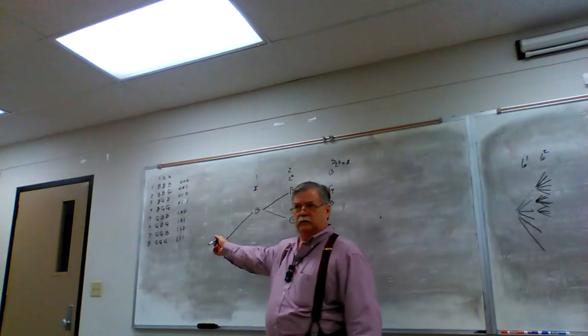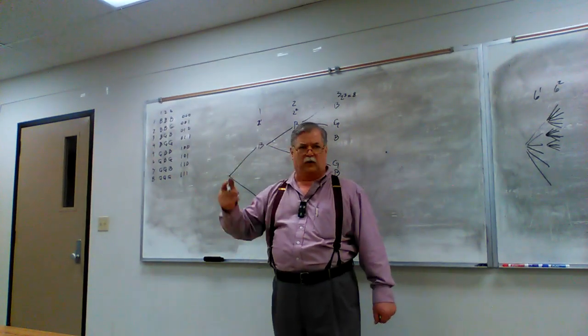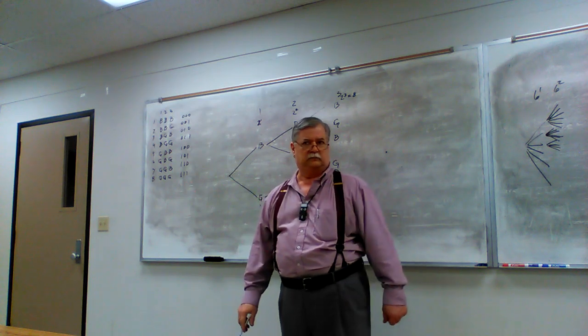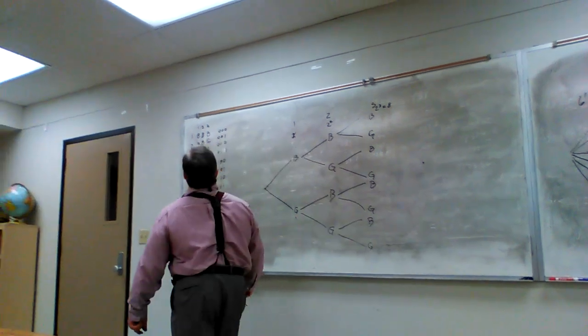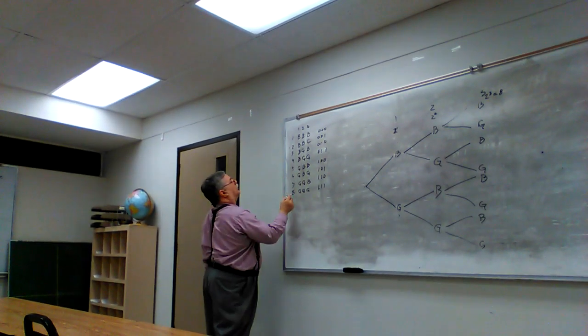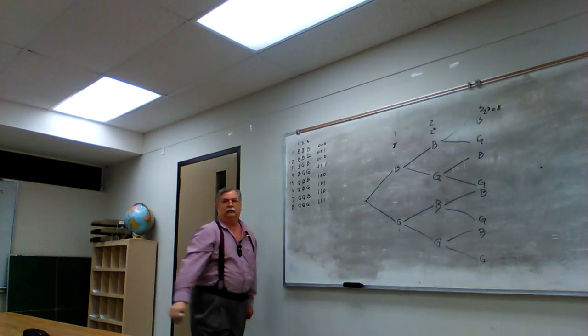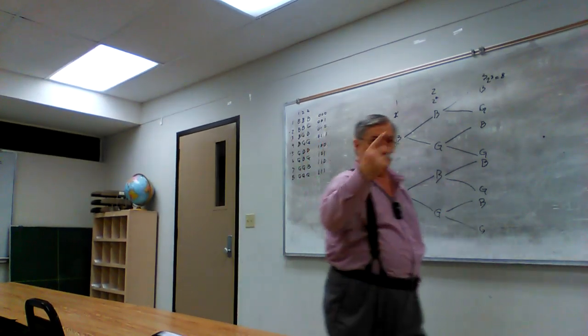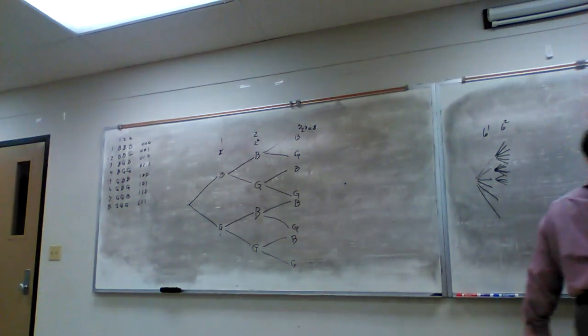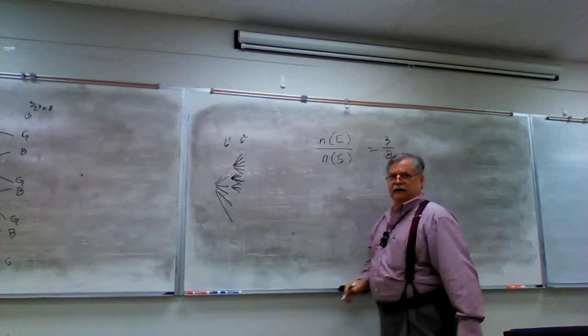In this case, what is the probability of having 2 boys and 1 girl? There's 1, there's 1, there's 1. That's it. The probability of having 2 boys and 1 girl is 3 in 8.